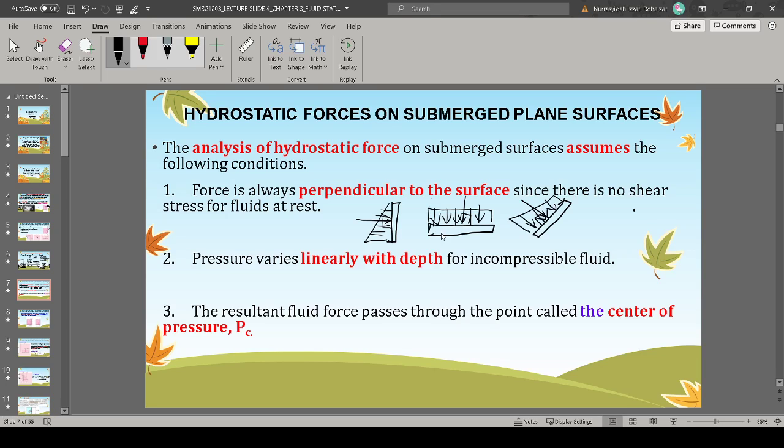And then all of this will go to the center of pressure. The center of pressure is where the hydrostatic force is actually acting.